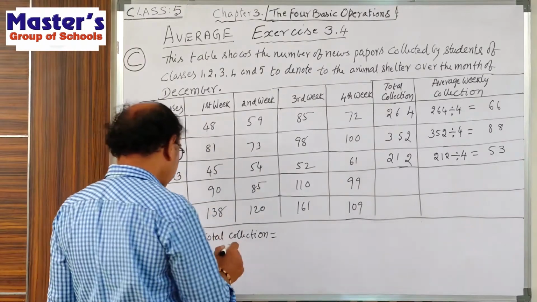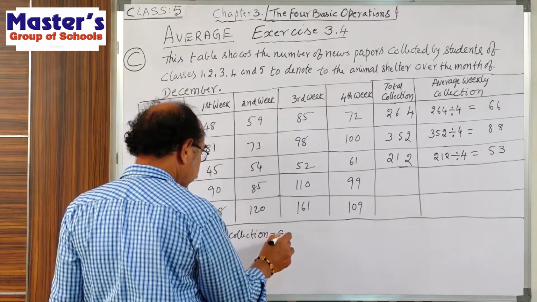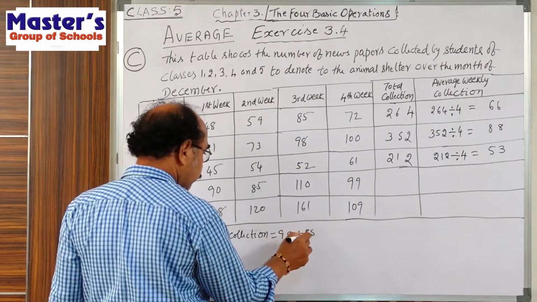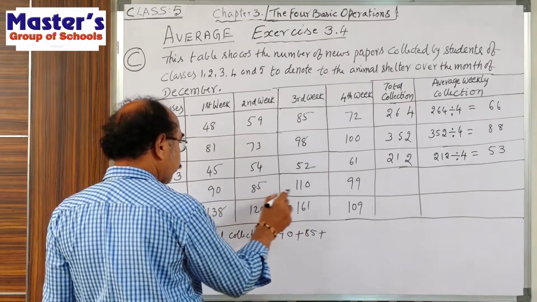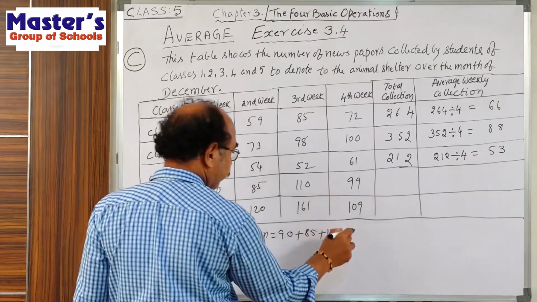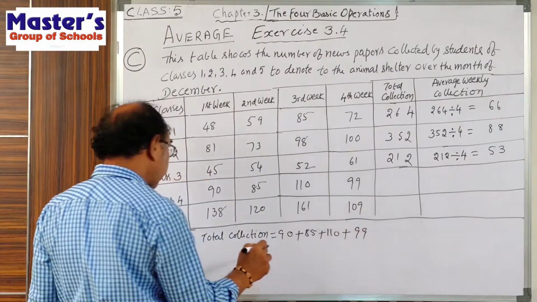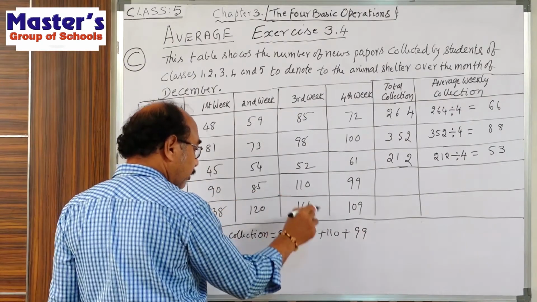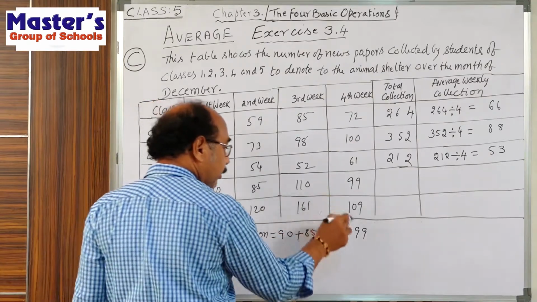So add 90 plus 85 plus 110 plus 90. See children, one time. First week 90, second week 85, third week 110, fourth week 90.